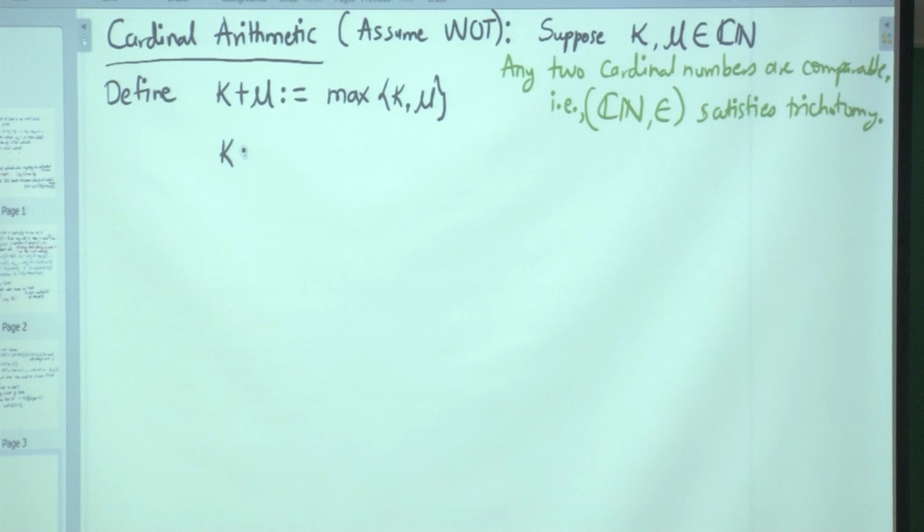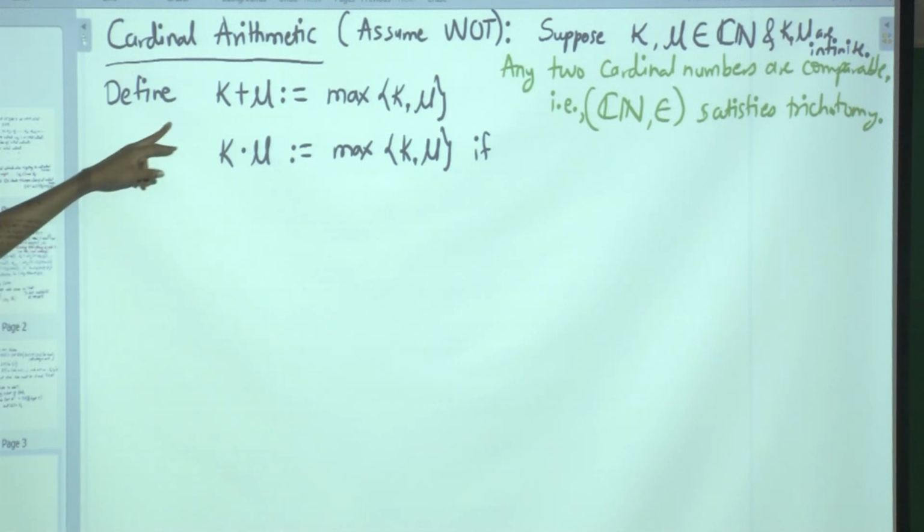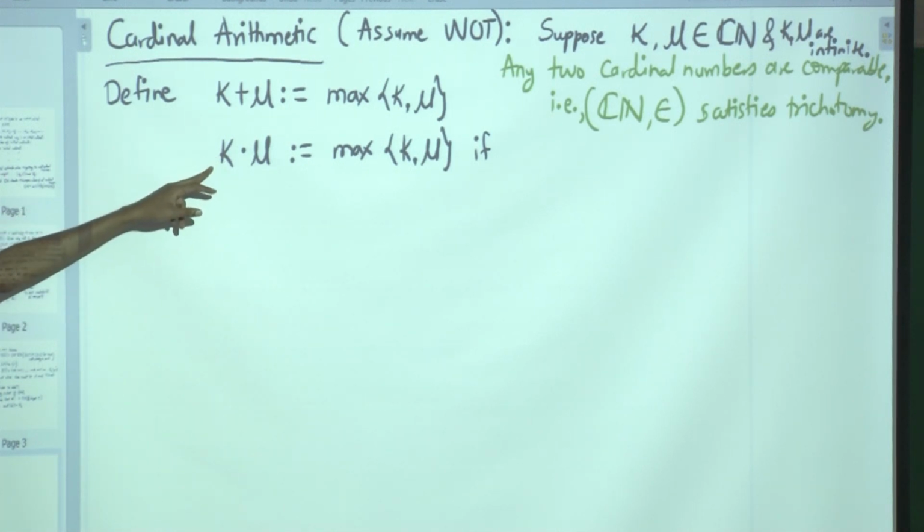Then what is the product? Again, I'm doing it for kappa and mu infinite, otherwise this is totally wrong. I cannot say the sum of two finite numbers is the maximum of them, so for finite numbers this is not the case.